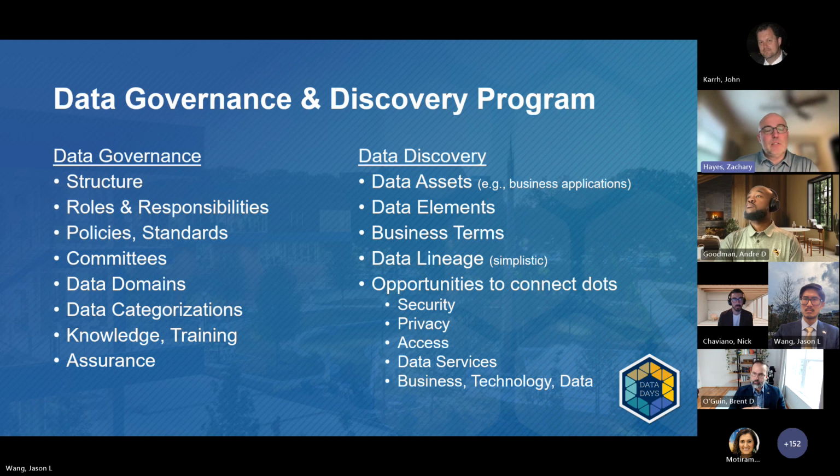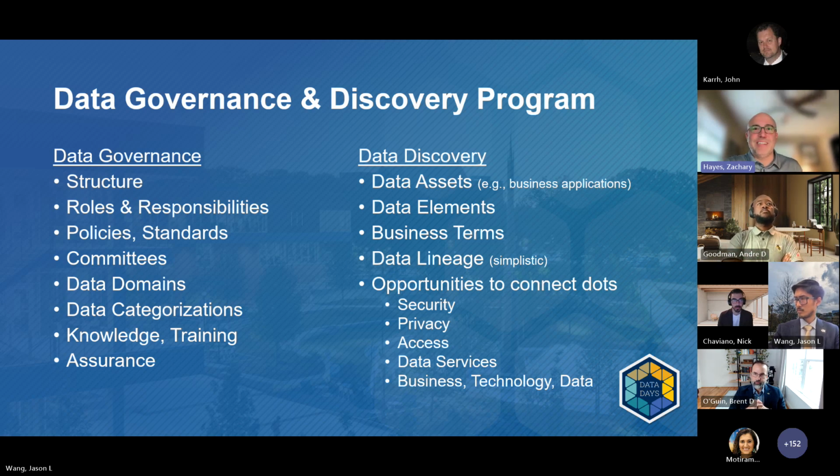Our data domains make sure all of our data fits into appropriate buckets or sub-buckets of data so that we know the roles and responsibilities, how we categorize our data, giving a more common language to the data that we use. Knowledge and training make sure we have data literacy across the organization, and then assurance makes sure we're following USG, state, federal, Tech, whatever the policies or guidelines or standards are. So that's really the data governance side of what we do.